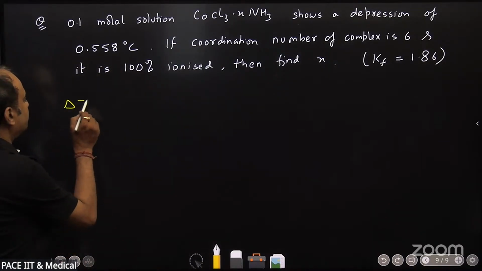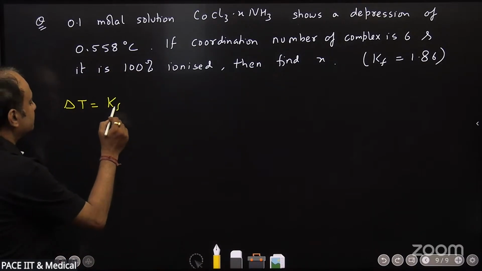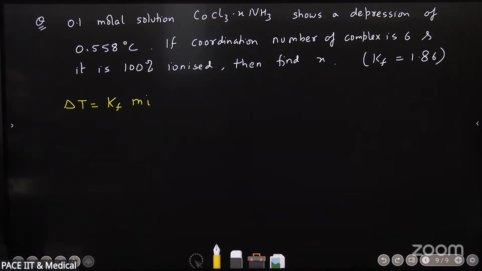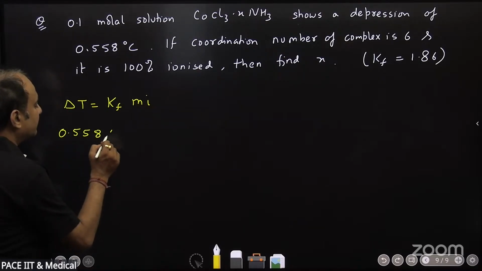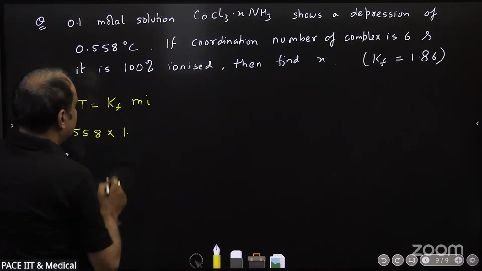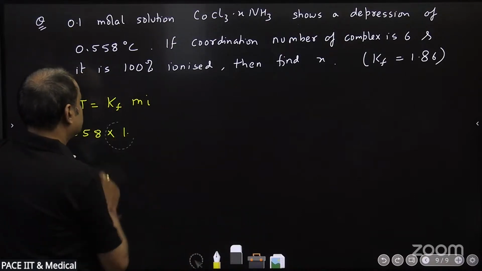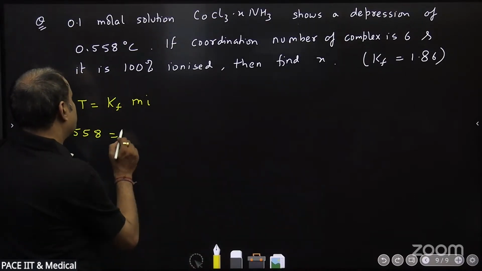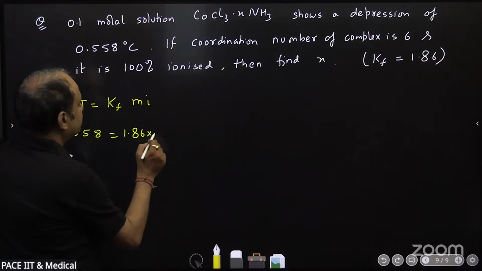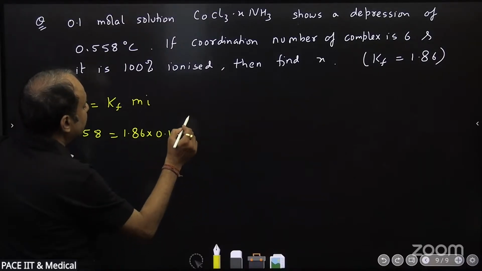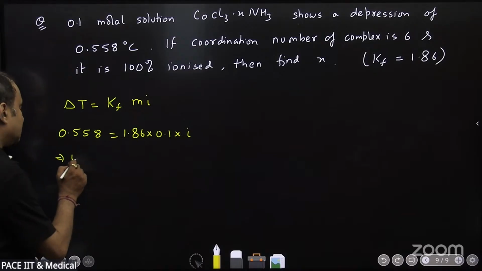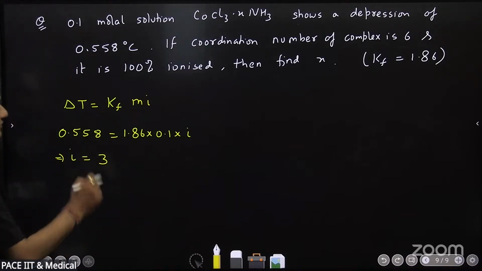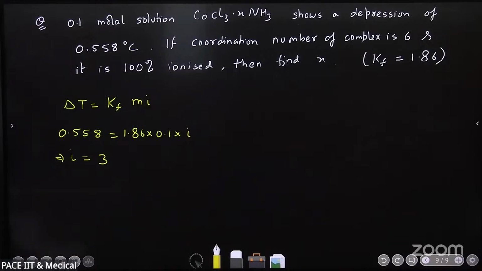So let's first apply our relation. Delta T is equal to i Kf m, right? Delta T is 0.558. Kf is 1.86. Molality is 0.1 into van't Hoff factor. So we get van't Hoff factor from here as 3.